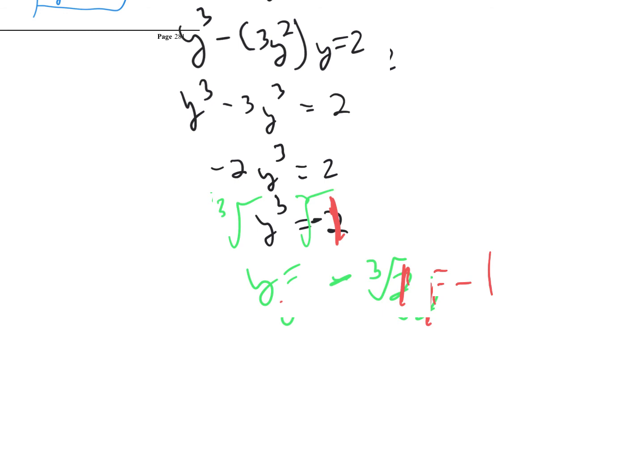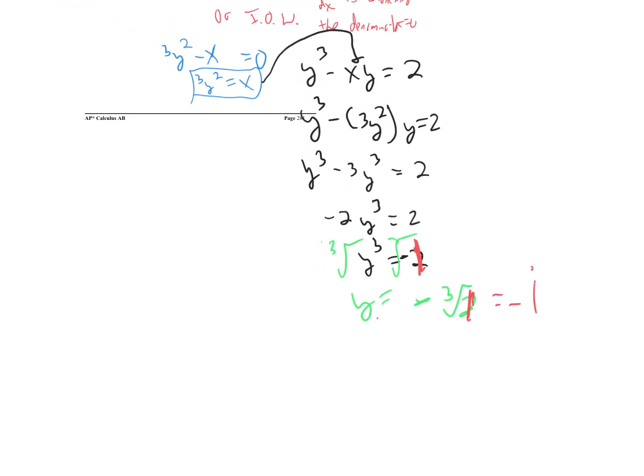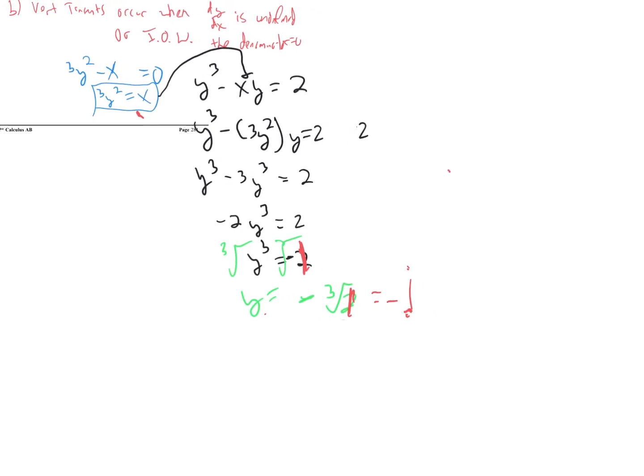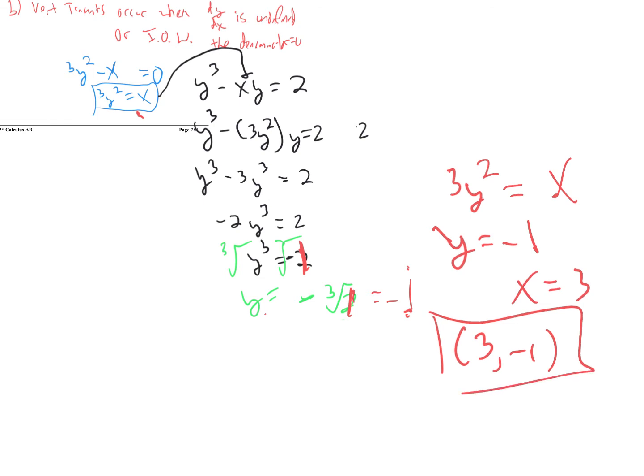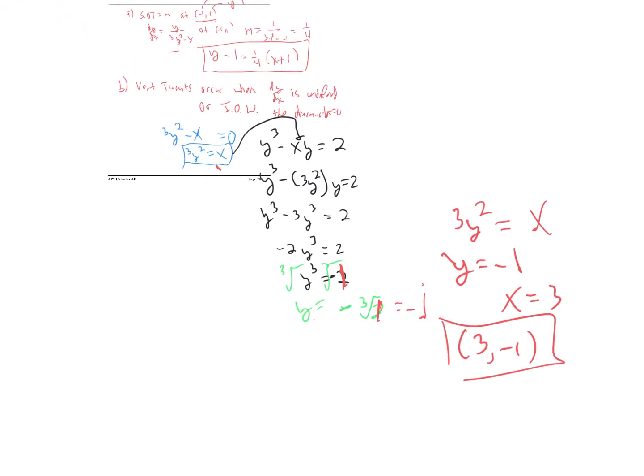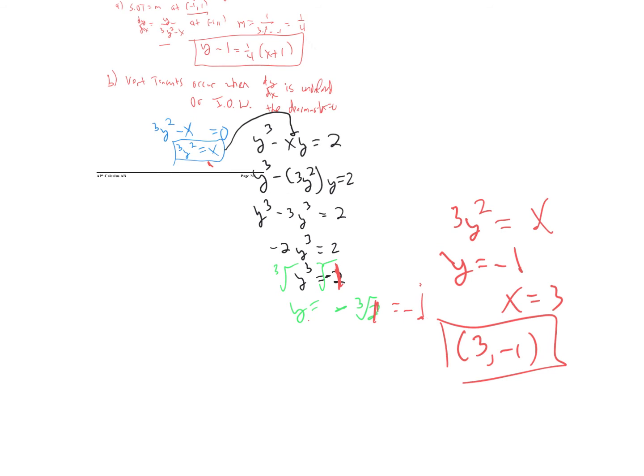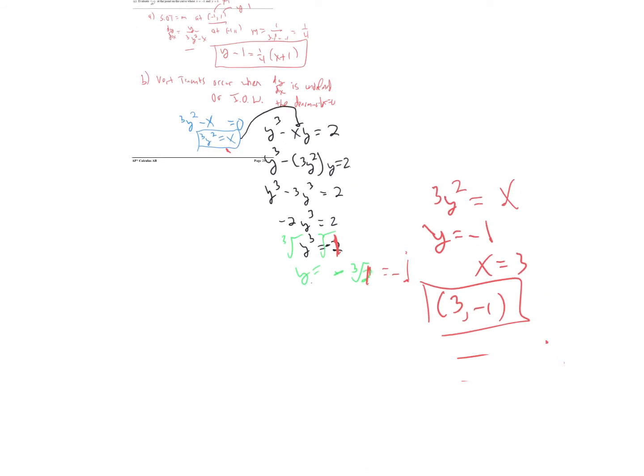We've got to take this answer and plug it into what x always is based on the y. So if 3y squared was equal to x, and y equals negative 1, then wouldn't that give me x equals 3? So there's only that one point. 3, comma, negative 1 is the only point where we have a vertical tangent line.